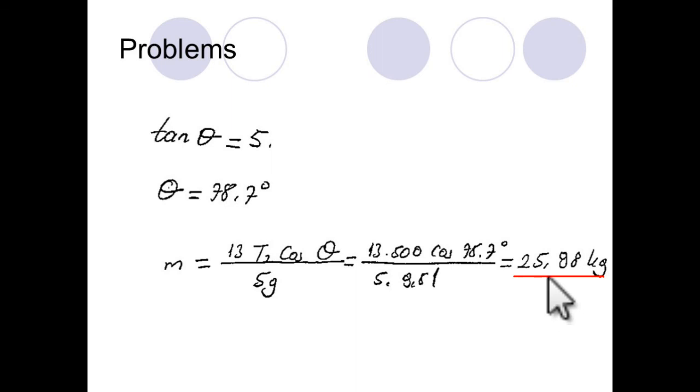Certainly, if I multiply this with 9.81, I will see that it is less than 500 newtons. So therefore, T1 is also smaller than 500 newtons, and T2 carries the maximum load in this case.